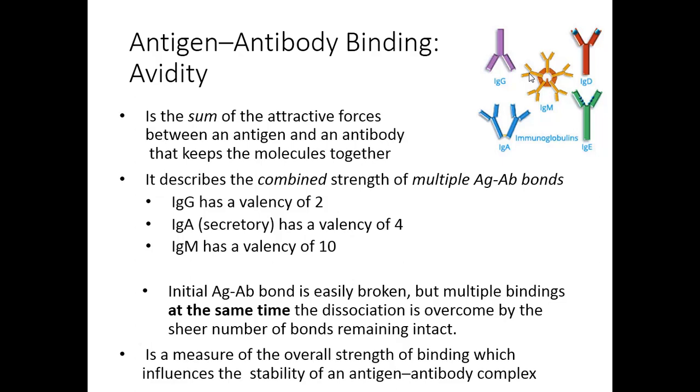So we talked about just a moment ago that affinity, that initial antigen-antibody bond, is easily broken because it's a really weak bonding system. But avidity can help us overcome that weak initial bond. It's because we're going to bind multiple epitopes at the same time.